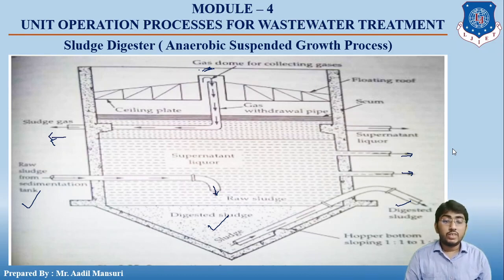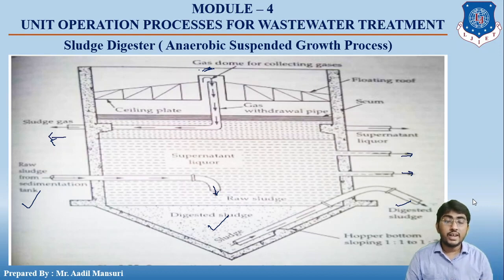Because of this, there will be a decrease in pH value due to accumulation of volatile acids. This hampers the growth of methane formers and consequently the formation of methane. Normally a volatile acids concentration between 50 to 250 milligram per liter expressed as acetic acid indicates a good or healthy condition in an anaerobic system.